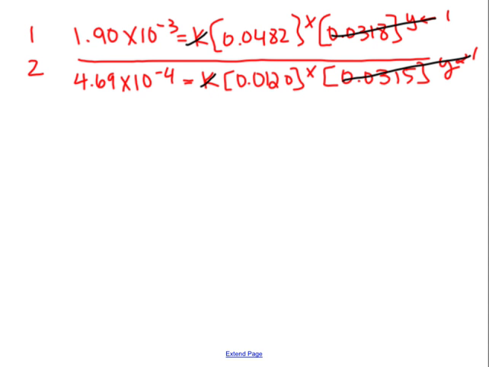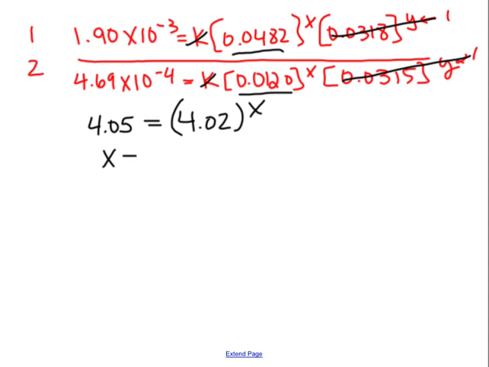And so when we divide 1.90 times 10 to the negative third by 4.69 times 10 to the negative fourth, we get 4.05, and then that's going to be equal to 0.0482 divided by 0.0120, giving us 4.02 to the x. So x is also equal to 1. So this is not a very fun one, is it? X is equal to 1.